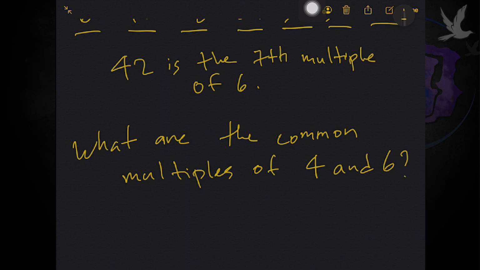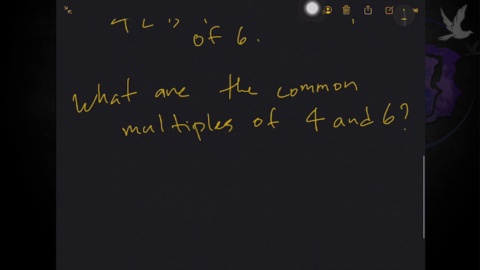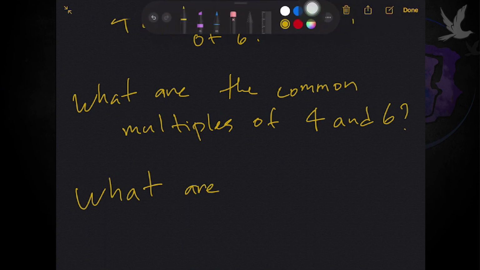If the question is raised this way, it will technically be endless again, because you need to find the common multiples of 4 and 6 until you reach infinity, if you can ever reach infinity. That's the problem there. So the better question could be, or should be, let's try one first.